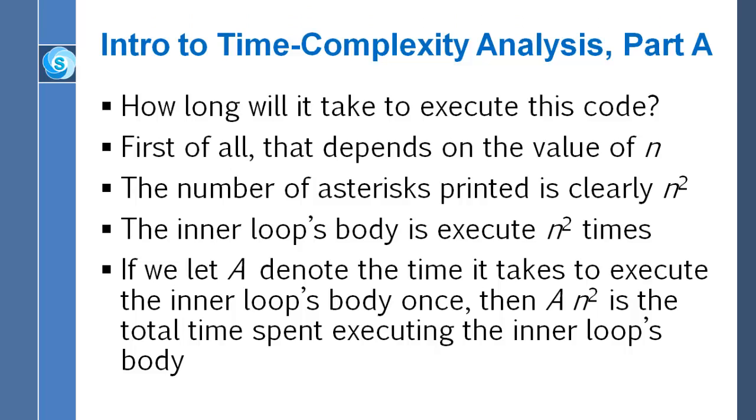So if we call that constant capital A, and I don't care if it's measured in seconds or milliseconds, it makes no difference, some constant. If we take that constant and multiply it by the number of times we actually execute the inner loop's body, the number of times we print asterisks, n squared, then that product, A times n squared, is going to be the total amount of time spent executing the inner loop's body.